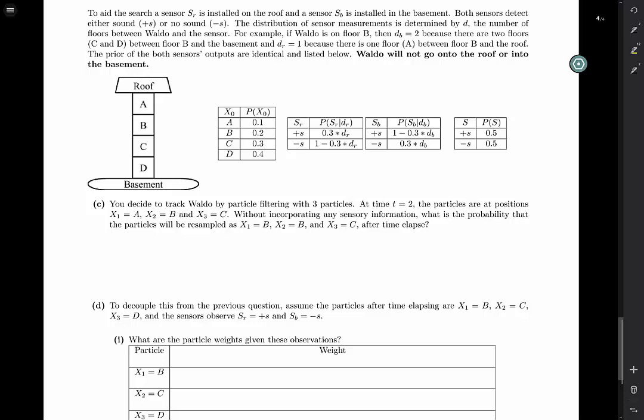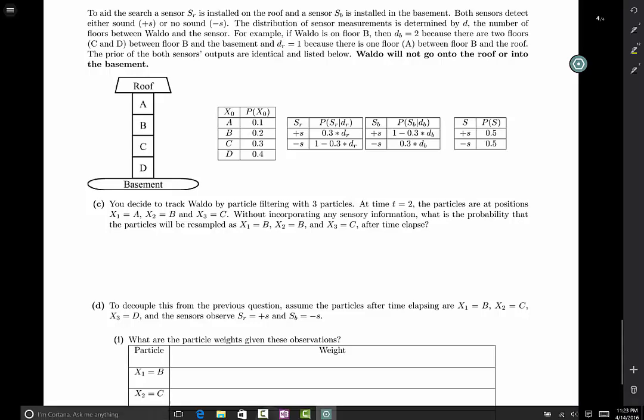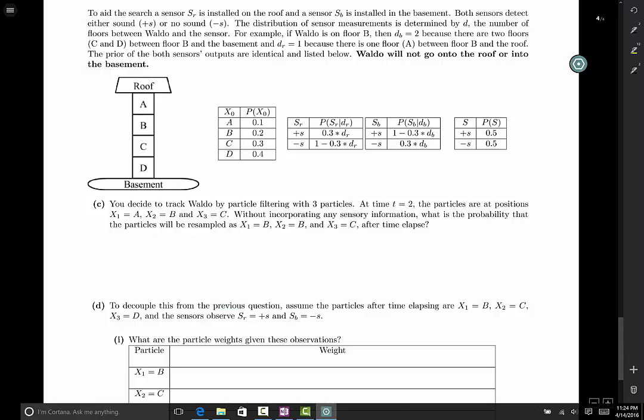So this is just doing the time elapse, so it's the individual multiplications.